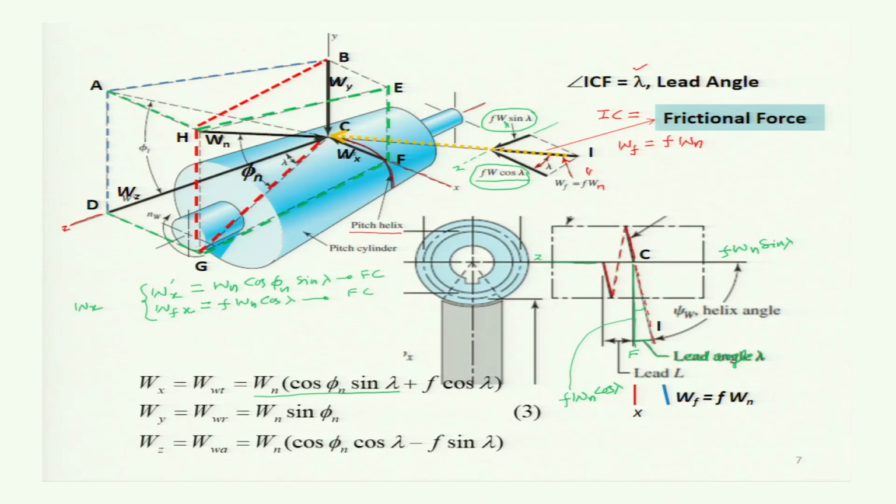It was from D to C, and Wz dash, the force in the direction of z when there is no friction, is Wn cos phi n cos of the lambda. Well, and this is acting from D to C.